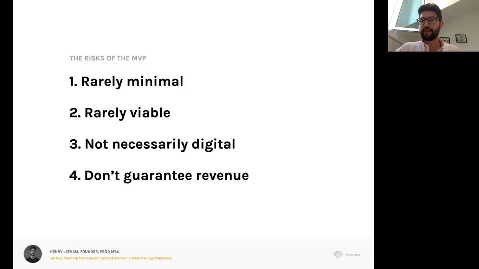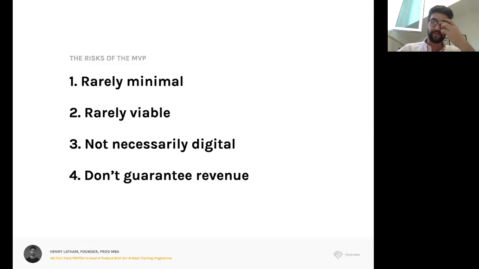Second, the MVP is rarely viable. Usually it becomes simply a poorly executed version of a more complex digital solution we wanted to build in future. I use the example constantly, but I do think AI has a place. But let's say a cool AI leadership or mentorship tool, if it's just generic and robotic and doesn't deliver value in practice, then it's not a good idea to start with.